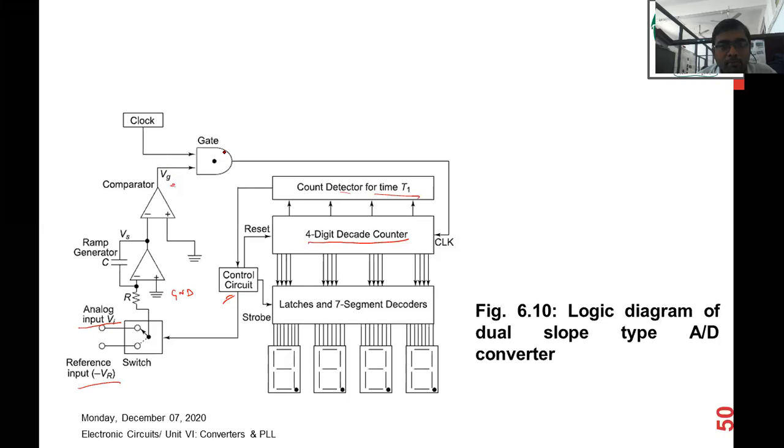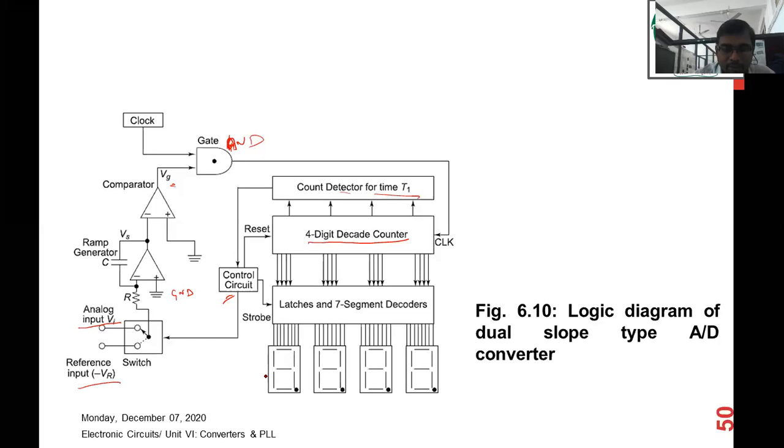Along with this, a clock is applied to the AND gate. The output of this AND gate is given as a clock signal to the 4-digit decade counter, and the output of this decade counter is detected by the count detector and given to the control circuit, and the output of the control circuit is used for the latching operation, and latches the 7-segment decoder.